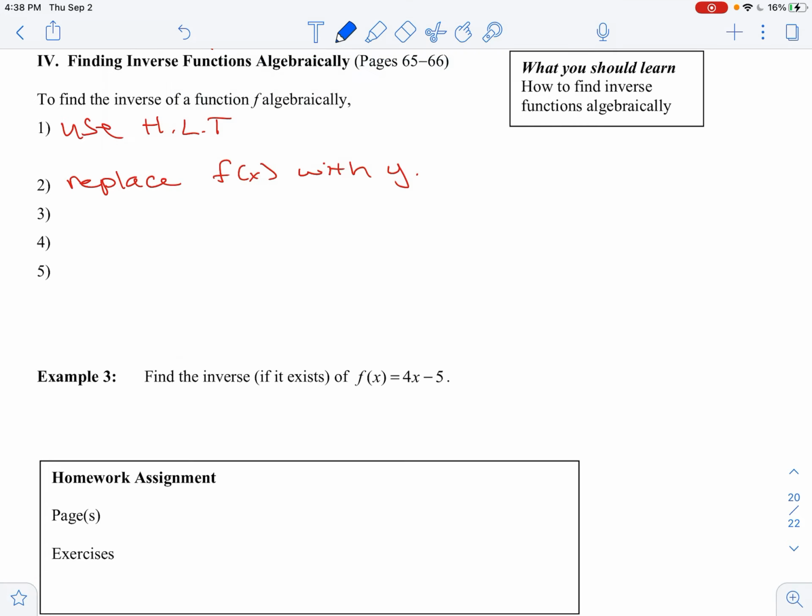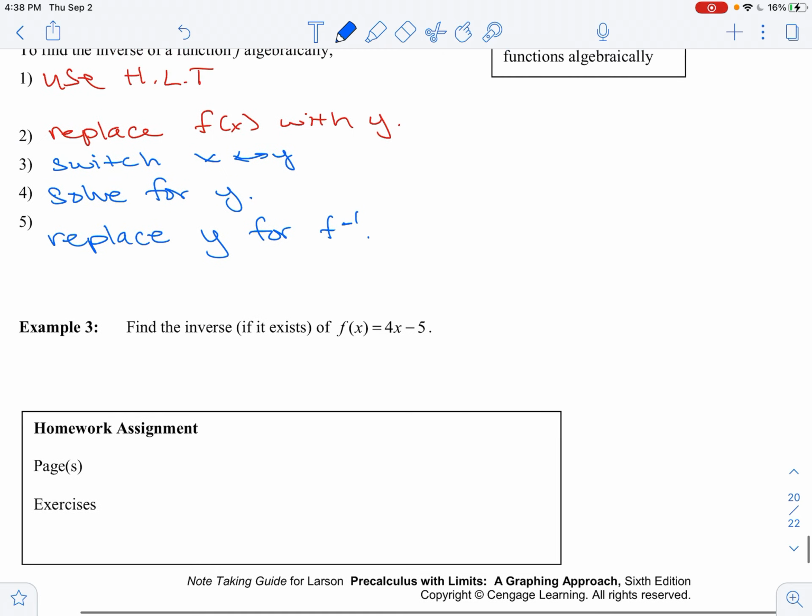The second step is we're going to switch x and y. Then you're going to solve for y by itself, and then you're going to replace y with the inverse of the function. Okay, so let's use those steps.